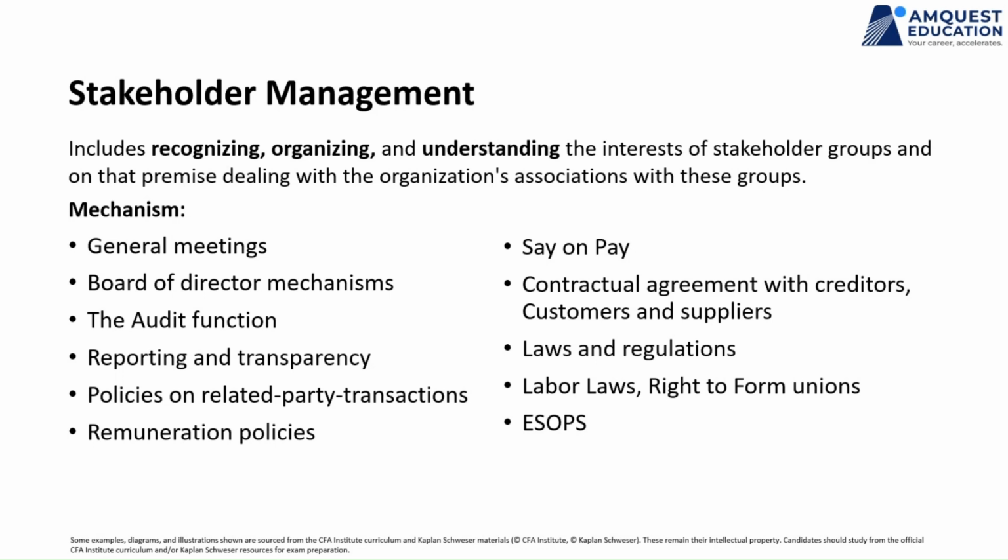Then policies on related party transactions. Now, related party transactions by themselves are not an issue. There is a possibility that your company deals with subsidiaries which are related parties. For example, one of your subsidiaries is into steel and the other subsidiary is, let's say, manufacturing cars. So there is obviously a relationship between the two because your car manufacturing company is going to buy steel from your subsidiary which is manufacturing steel.